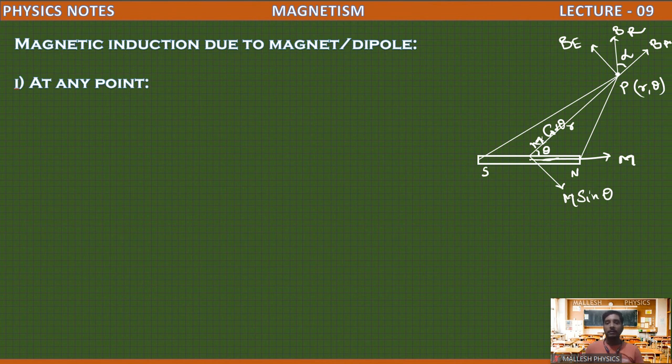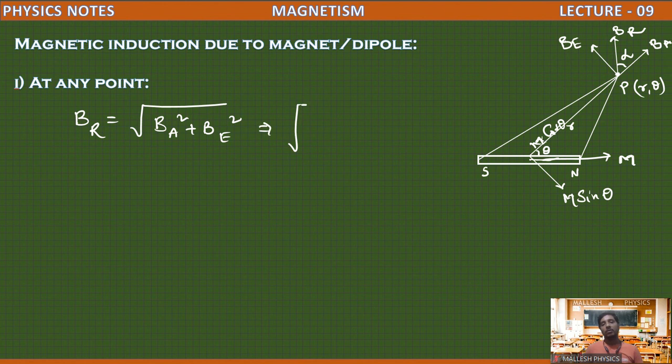Now to calculate this, the resultant magnetic field B is equal to the square root of BA square plus BE square. BA is the magnetic field due to M cos theta, and BE is the magnetic field due to M sin theta. You substitute the formulas.